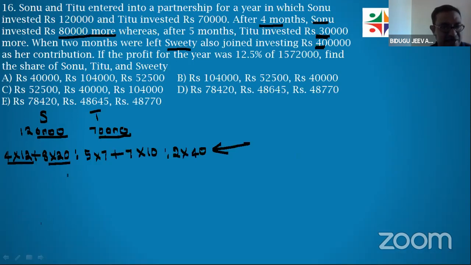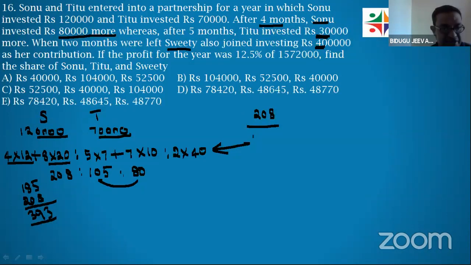48 plus 160, so 208. 35 plus 70, 105, plus 80, 185. 185 plus 208, so 393. I'll write 393 into 12.5%. 12.5% means the 1/8 part of 1572430.